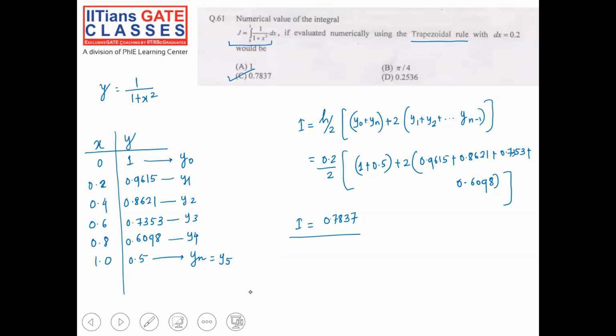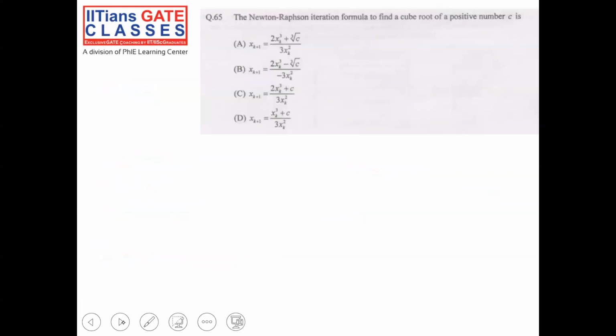Coming towards the next question, it is about the Newton-Raphson iteration formula. They're asking us for the Newton-Raphson iteration formula to find the cube root of a positive number c. The cube root of a positive number c is c raised to the power 1 by 3.